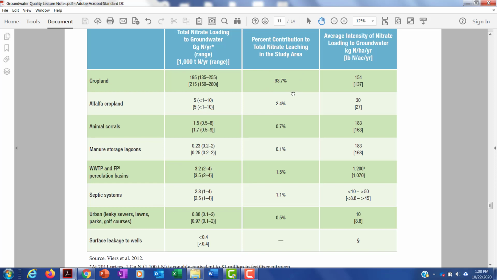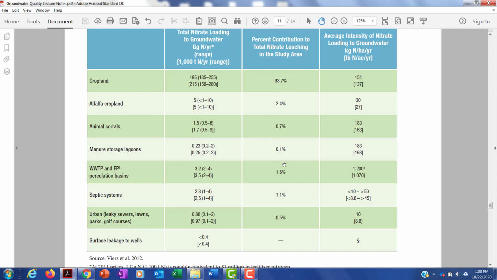When you're driving around and you see a dairy, an animal corral, piles of manure and piles of cows and stinky stuff, you might think, oh my gosh, that's the pollution problem. Well, it is. But compared to cropland, putting manure out in the field, taking synthetic fertilizer, spreading it around, making sure that you have enough so you get a good yield, that's the biggest problem by quite a bit.